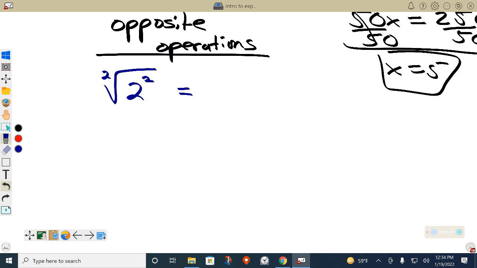Well, it's going to be 2. I'm going to let you see the pattern now. Watch this. How about the cube root of 2 to the third power?